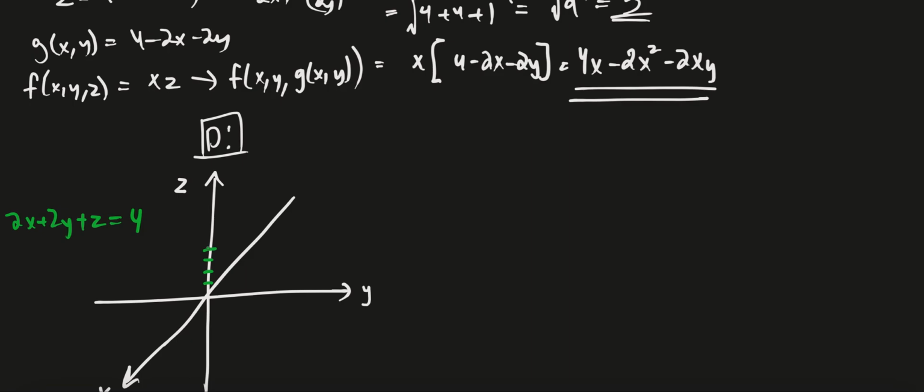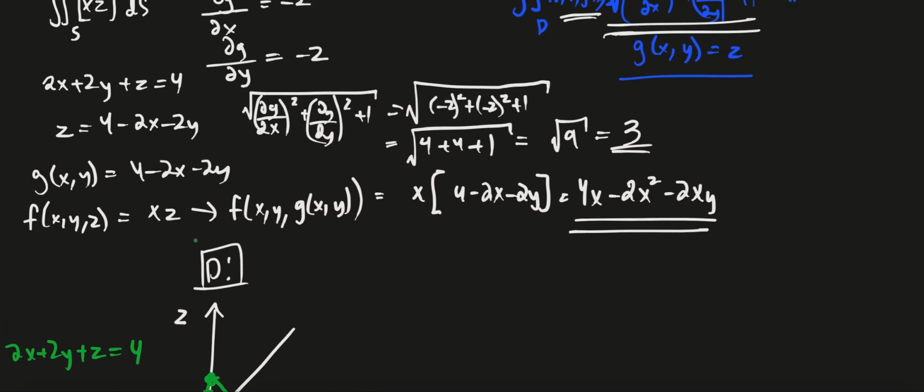That's the first point. If I set my y and my z equal to 0, x will be 2. If I set my x and my z equal to 0, y will be 2. So here's the plane, and it's going to extend, obviously, but we can draw this and it will suffice.